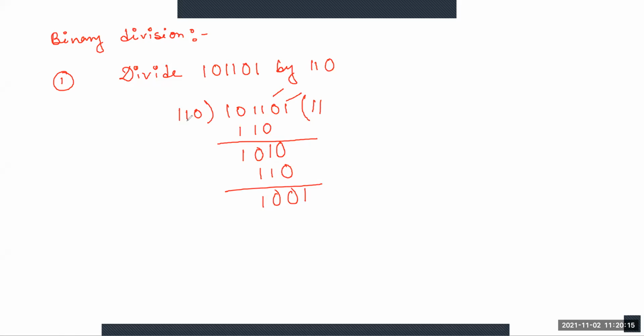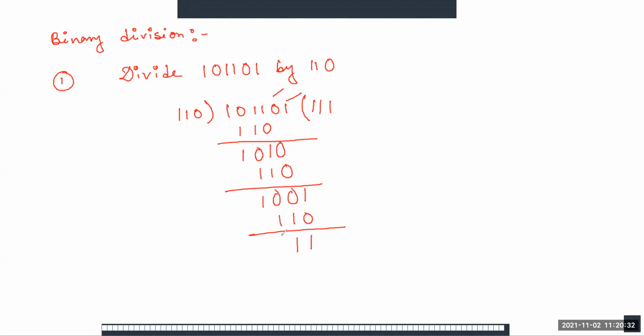Again 1 time, so it is 110. Subtracting: this is 1, and 0 minus 1 is 1, and again 0 minus 1 minus 1 is 0. So now it is 11.